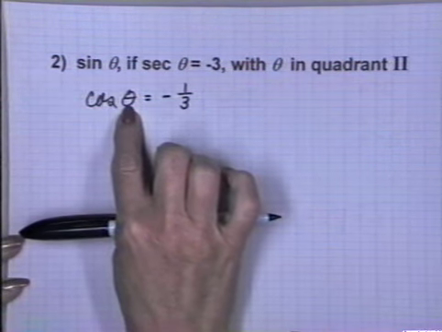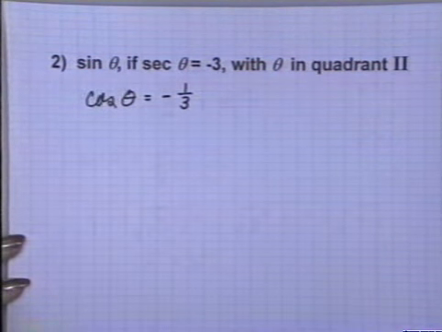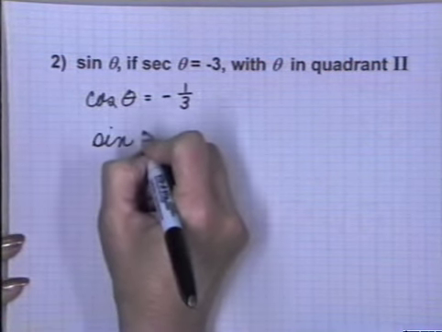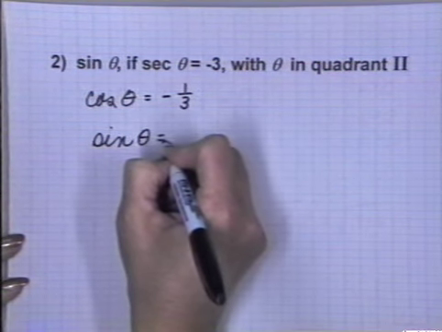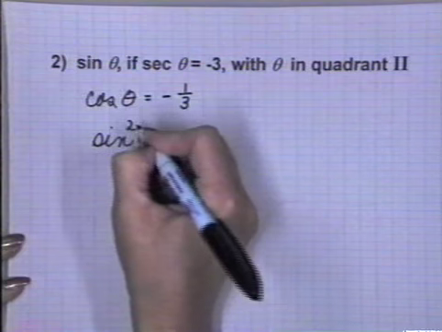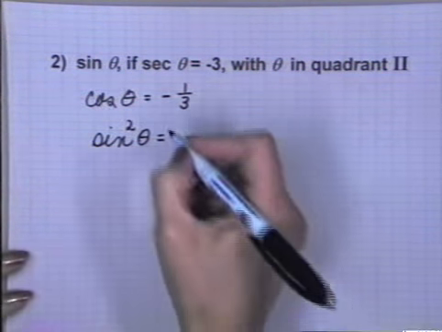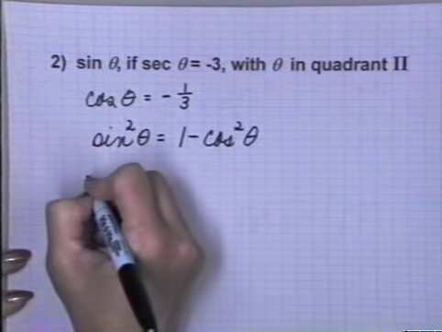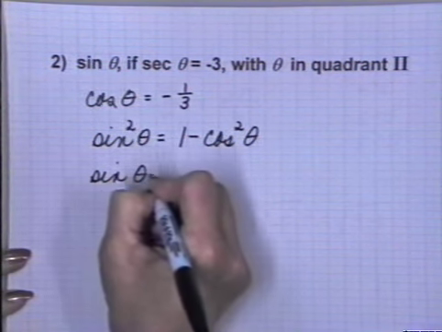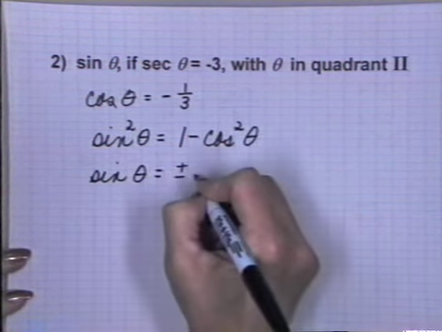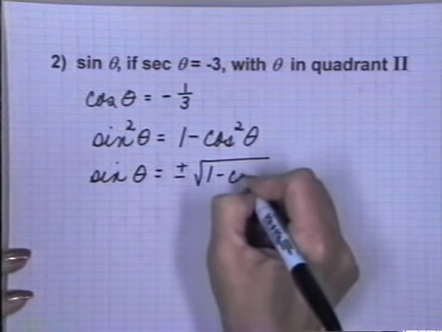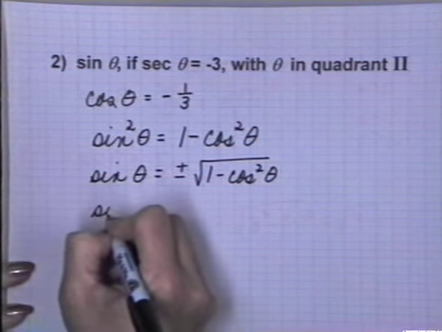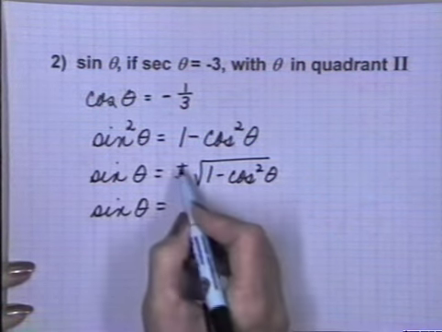Now since I have the cosine, I can find the sine of theta by using the Pythagorean identity that says sine squared theta equals 1 minus cosine squared theta. So I know then that the sine of theta equals plus or minus the square root of 1 minus cosine squared theta. So my first thought here will be, is it plus or minus?